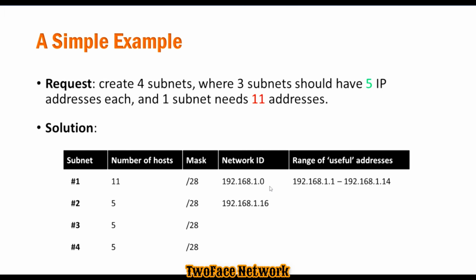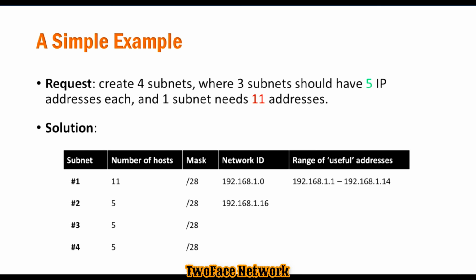So 2 to the power of 4 is 16, as we've said at the beginning. And here we have actually used exactly 16 IP addresses counting the 0. So it's the 0th IP address, and then 14 useful IP addresses, and the 15th is going to be broadcast. So the next IP address is 192.168.1.16, and we're going to use that as the network ID for our second subnet.